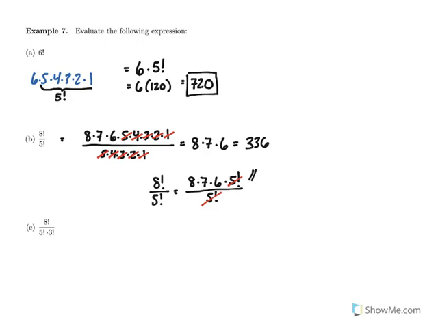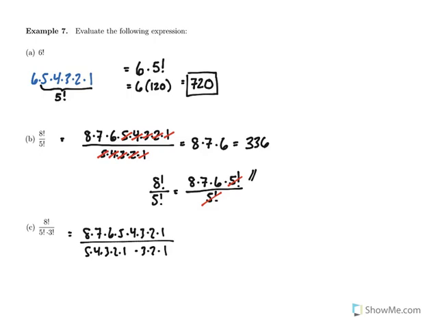All right, let's do one more. Let's look at 8 factorial over 5 factorial times 3 factorial. Again, this will be writing it all out: 8 times 7 times 6 times 5 times 4 times 3 times 2 times 1, all over 5 times 4 times 3 times 2 times 1, times 3 factorial, which is 3 times 2 times 1.